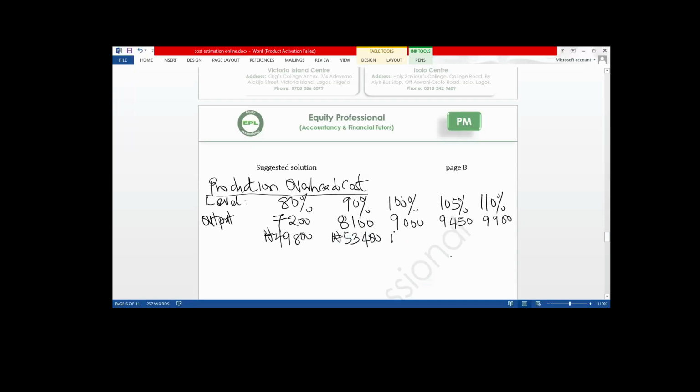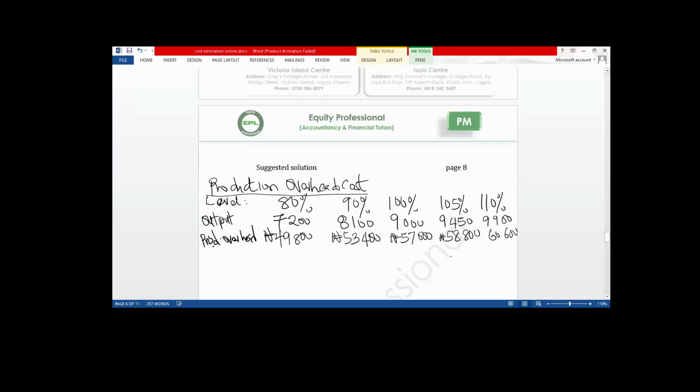Next, 57,000. Next, 58,800. And the last one, 60,600. This is production overhead.